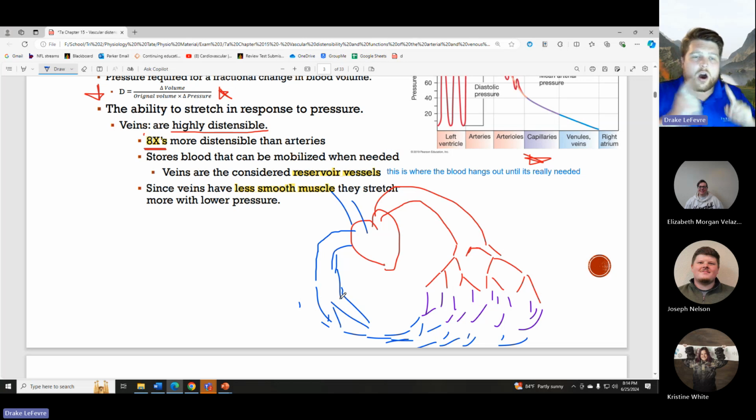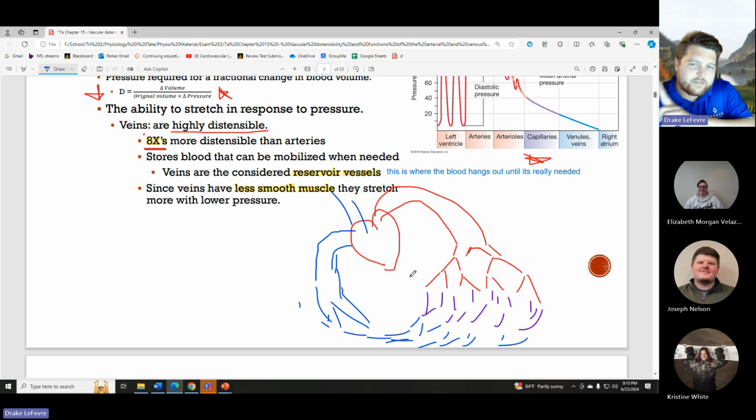So if we get heart failure and a buildup of pressure in the vena cava, that feeds back, increases pressure in the liver, and that's when we start getting liver issues due to heart failure.